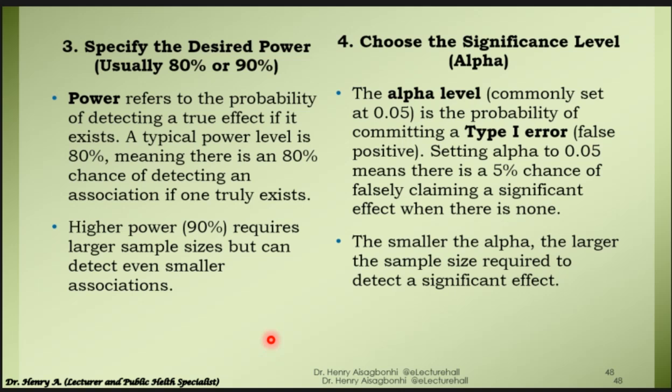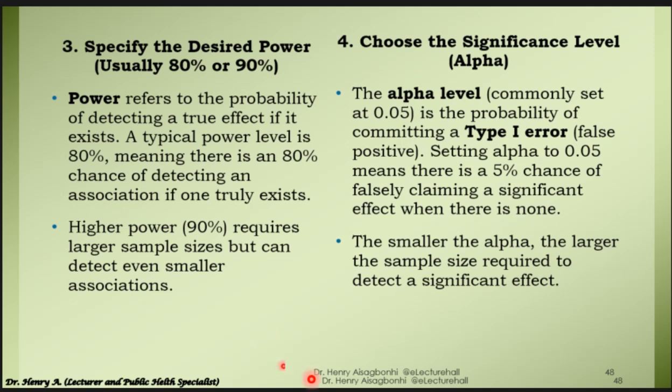When it is not significant, you accept the null hypothesis. When it is significant, it means you do not accept the H0, the null hypothesis. You go for the alternative hypothesis. Very simple. Now, the smaller the alpha, the larger the sample size required to detect a significant effect.